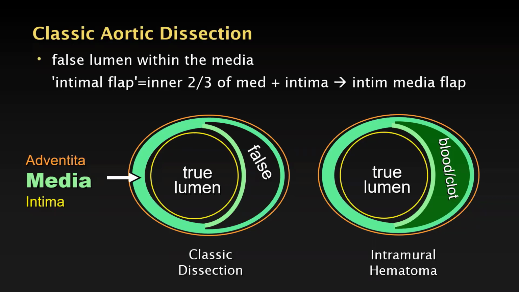But instead of having a primary intimal tear and an exit tear, and a true and a false lumen and a new channel running within the aortic wall, in the case of intramural hematoma, you have blood rushing into the aortic wall, but it doesn't get out, and it sits there and coagulates, and then you have blood first, but then clot subsequently, and that's what looks like an intramural hematoma.